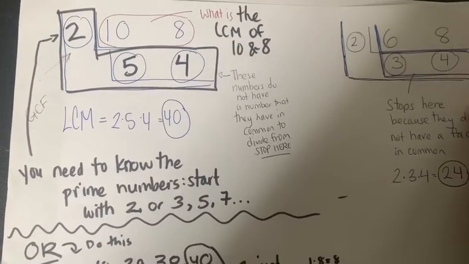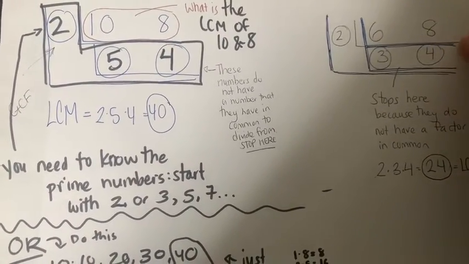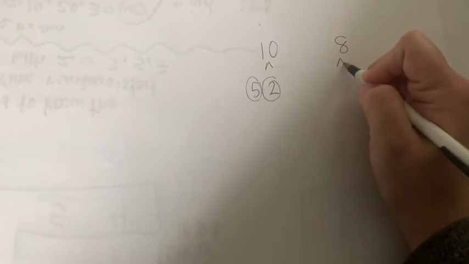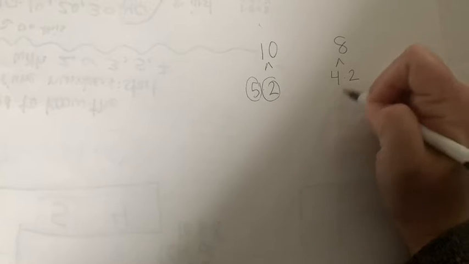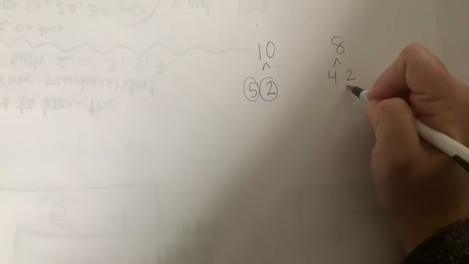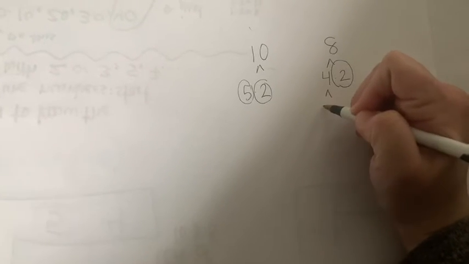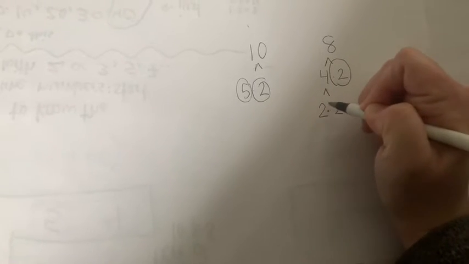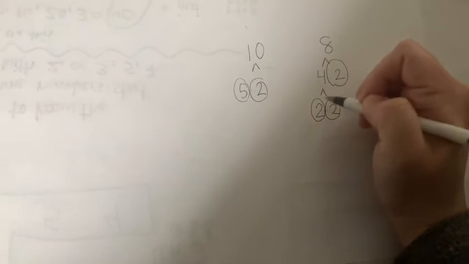So if I claim that the GCF is 2, let me use that factor tree again. So it was 10 versus 8. So 5 times 2 equals 10. These are prime numbers, so I'm going to circle them or underline them. In this case, 4 times 2 would make 8. 2 is a prime number. I'm going to circle it, and 4 can be divided some more. So 2 times 2. I'm going to circle the 2 and the 2.